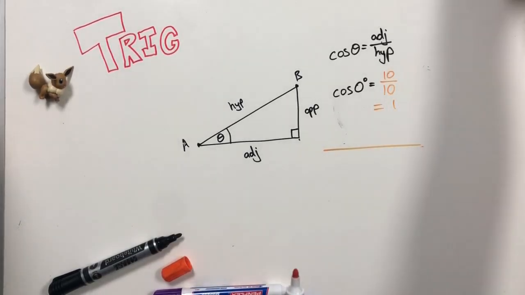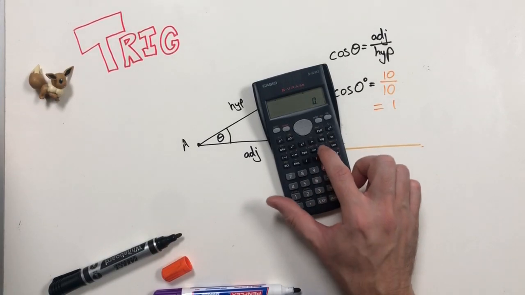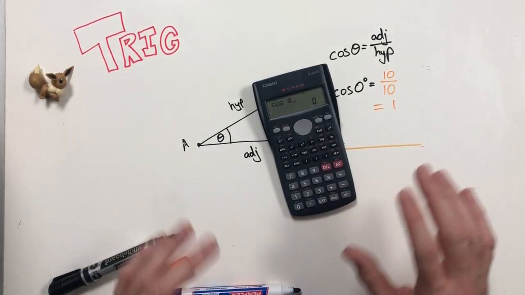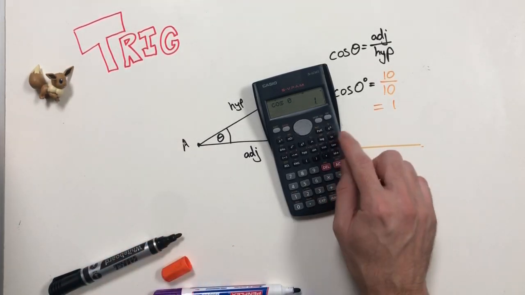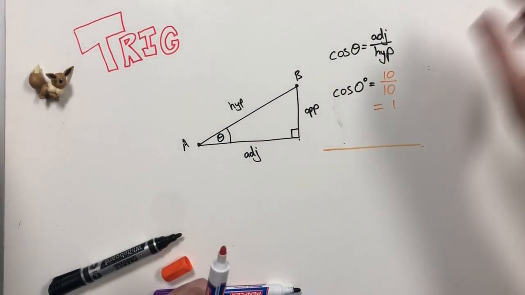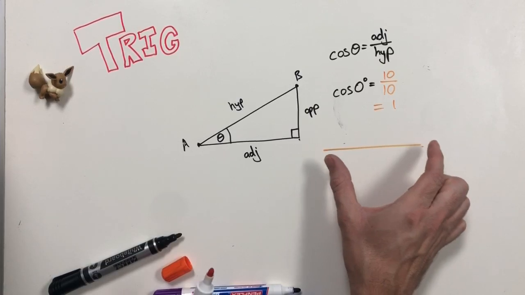That's 1. So just to prove I'm not lying to you, I hope this works, otherwise I'm teaching you wrong: the cosine of 0 degrees is 1. Oh, thank goodness that worked. That's why the cosine of 0 is 1, because if I put the adjacent side on the hypotenuse side, they'd both be the same length.